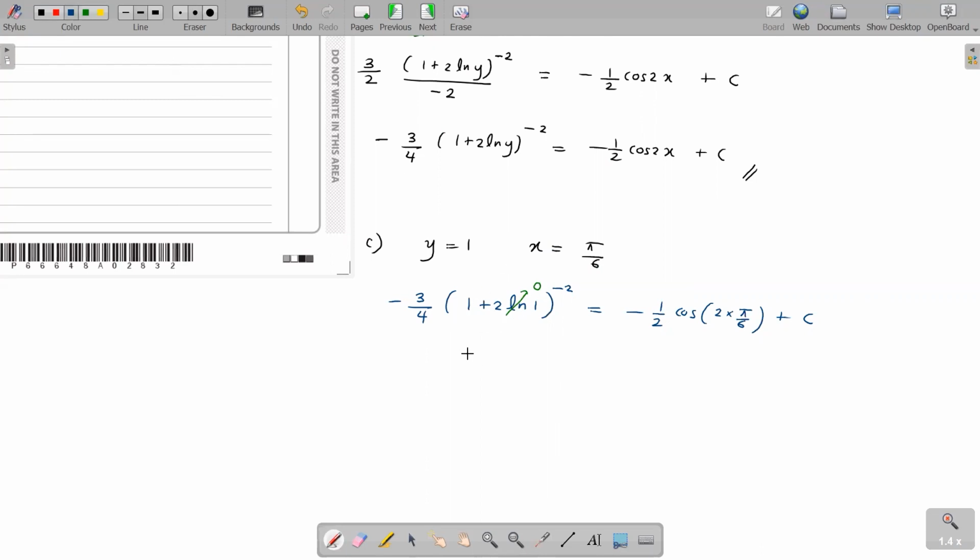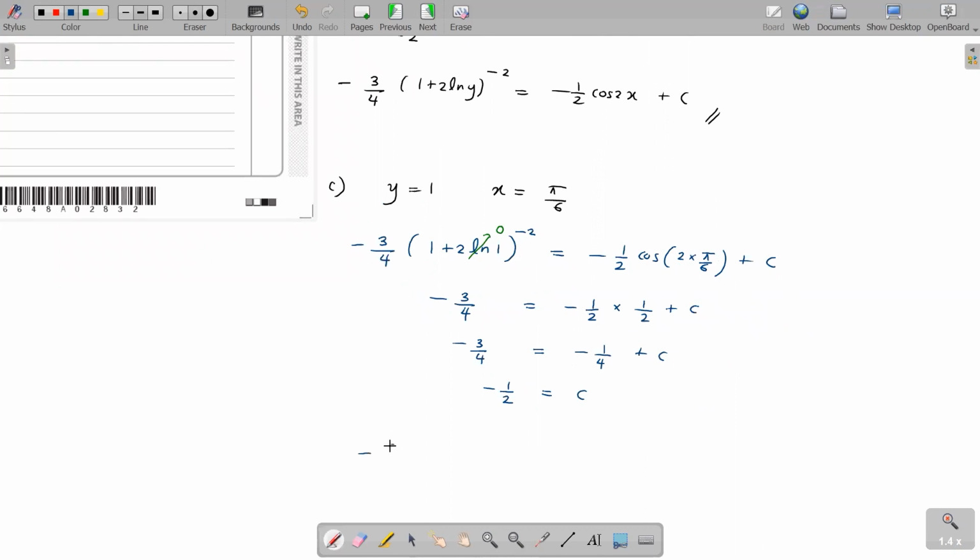So this is minus 3 over 4, because 1 to the power minus 2 is just 1. Here I get minus half cos pi over 3. How much is cos pi over 3? Half. So minus 3 over 4 minus 1 over 4 plus c. How much do we get for c here? c is minus half.